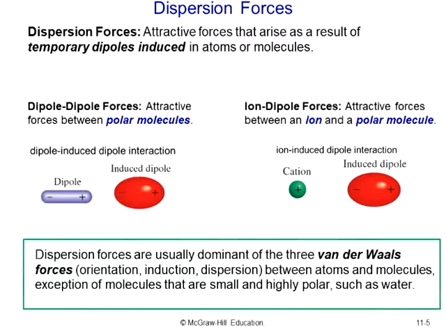So let's talk about dispersion forces. What are dispersion forces? Attractive forces that arise as a result of temporary dipoles induced in atoms or molecules are dispersion forces. In other words, we've talked about dipole, we've talked about dipole moments. We know that a dipole is a polarization of the electrons.